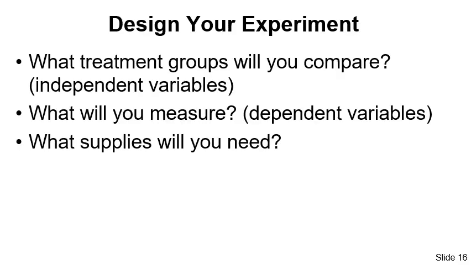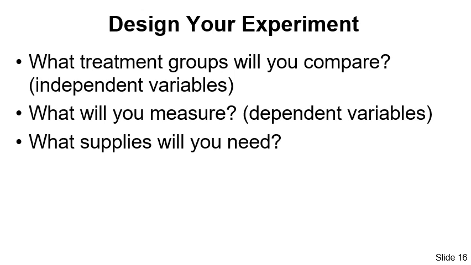Once you've decided the overall question that you're interested in and you've developed the hypothesis, which is the thing that you think is going to explain what you will see, and then the predictions, of course, are what you expect to see. The hypothesis is the explanation that would explain why you got those results.